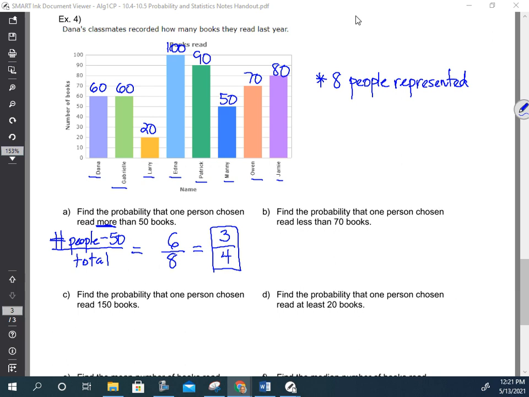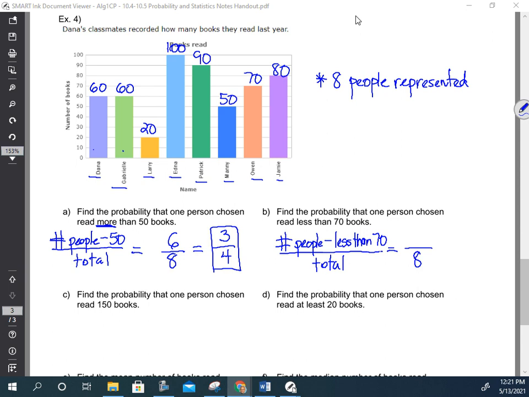Part B. Find the probability that one person chosen read less than 70 books. So you need the number of people who read less than 70 books. We already know the total number of people. How many people read less than 70 books? 4.